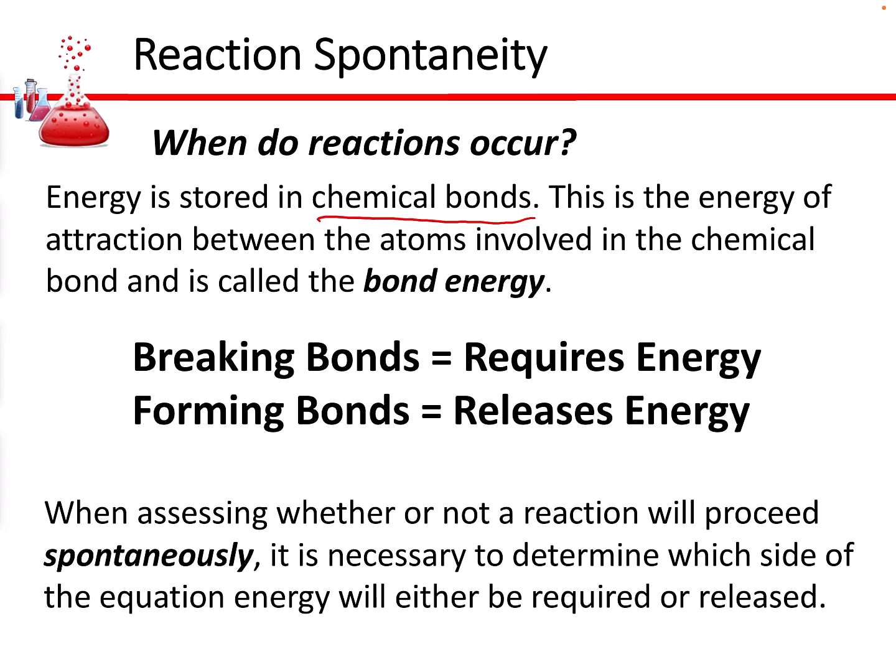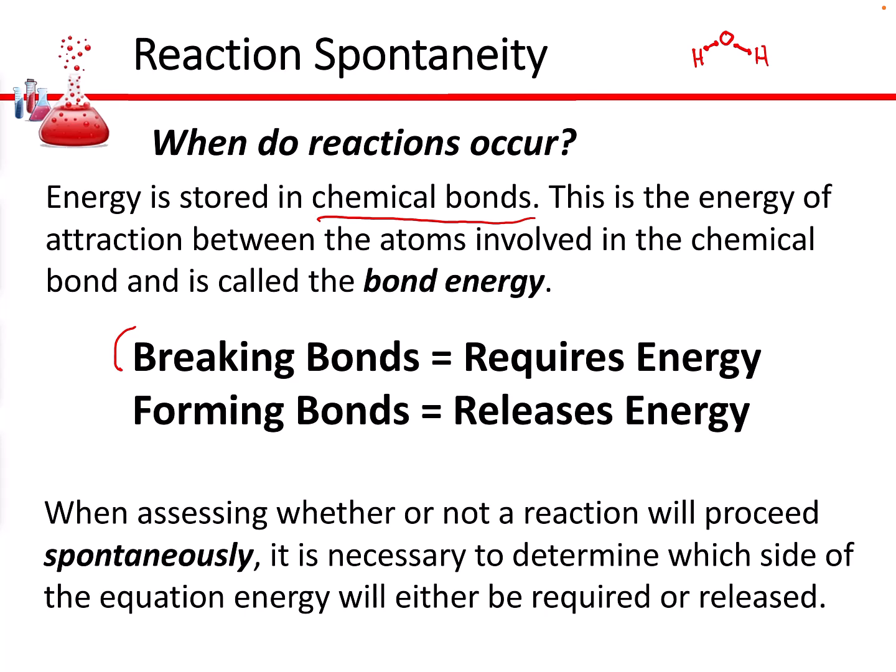If you try to pull apart two atoms that are bonded together, that's going to require energy to break those bonds because they're really attracted to each other and they want to stay together. So when you actually form the bonds, depending on how attracted they are to each other, this is the time when you can have energy release.